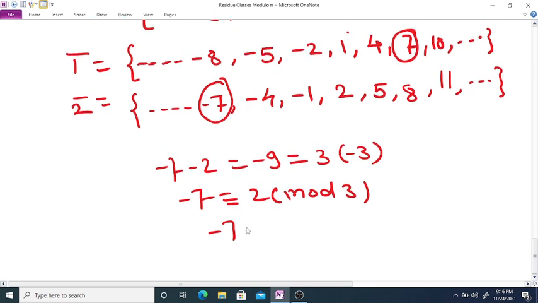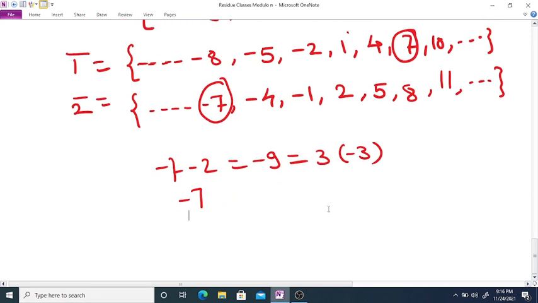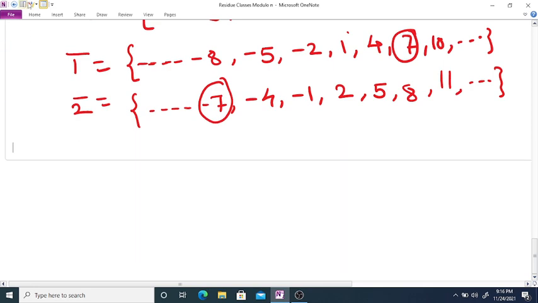So each of the integers from this set is related to 2, so their difference is a multiple of 3.